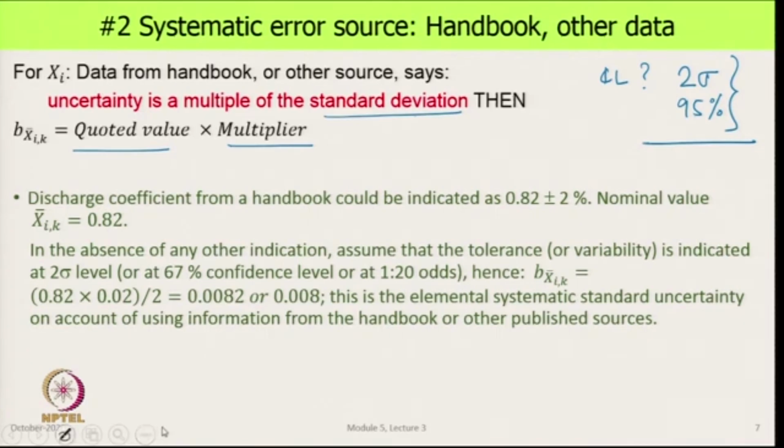For instance, in many flow measurement issues, we use what is called a flow nozzle. That means we have a pipe or a duct in which we put this flow nozzle, which is symmetric. The fluid flows through this and we measure the pressure here and here.